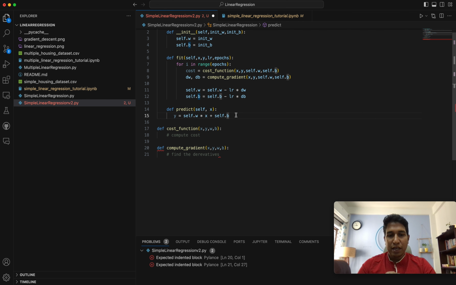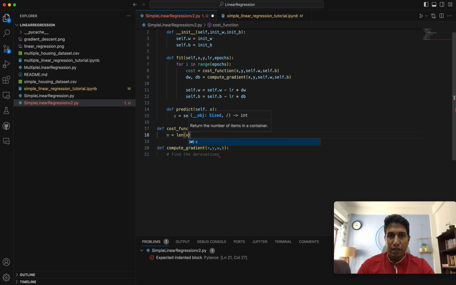Now once that is calculated, let's go to the cost function. So I believe we have two things to do: one is the cost function, and the other is computing the gradient. So cost, as we said, is the mean square error. For that, first m is the length of x.